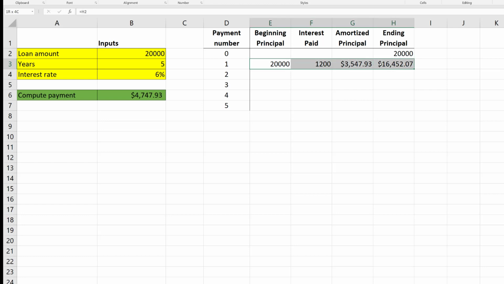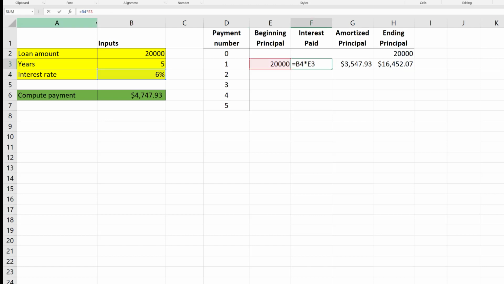All right, what I'd like to do now is just drag all of these cells down and copy them so that we can repeat this process throughout these 5 payments. But before I do that, I need to anchor a few values so they won't copy. The first one is in this cell. I need this to be anchored to the interest rate, which is cell B4.